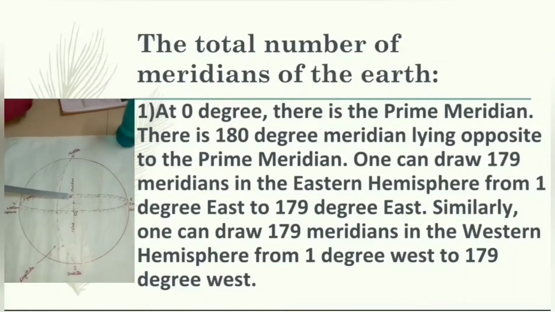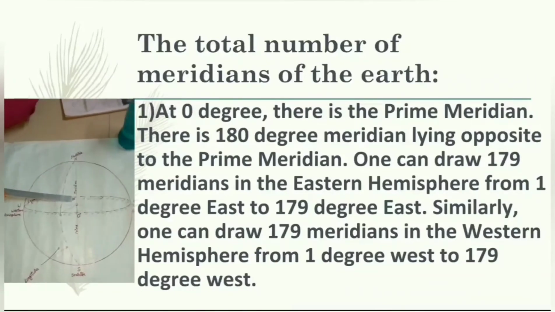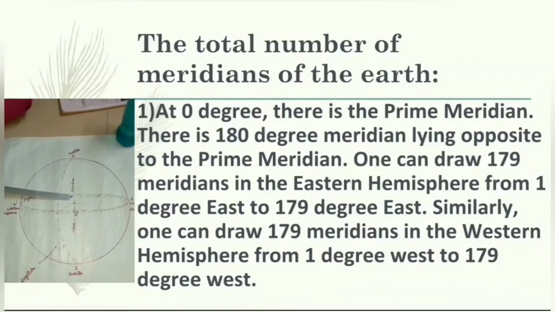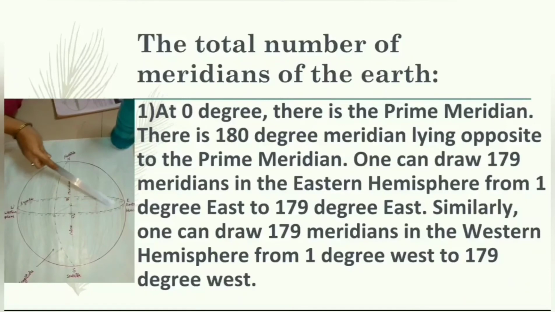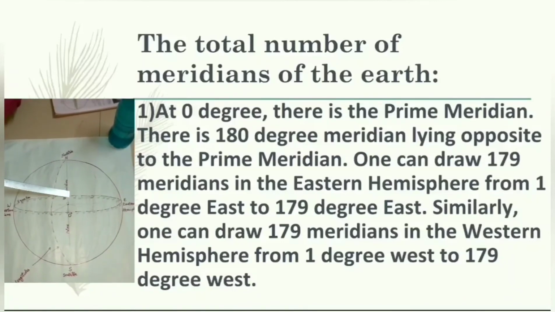One can draw 179 meridians in the eastern hemisphere. We can draw how many? 179, because 180 is the last, so before that it will be 179.